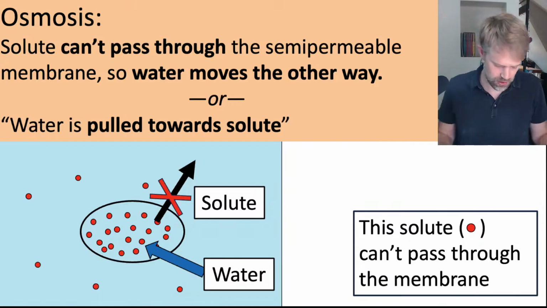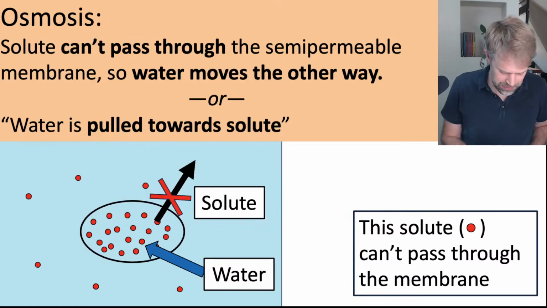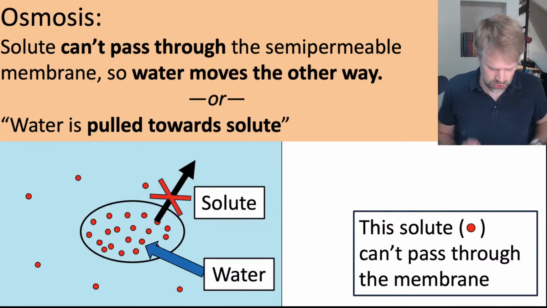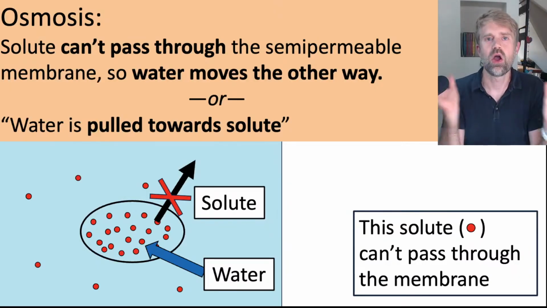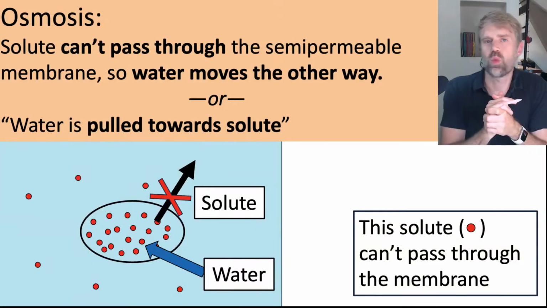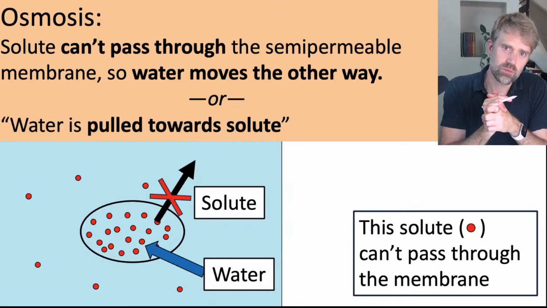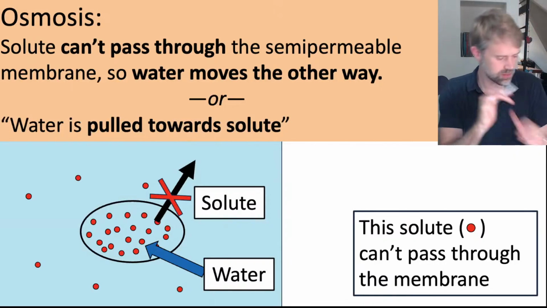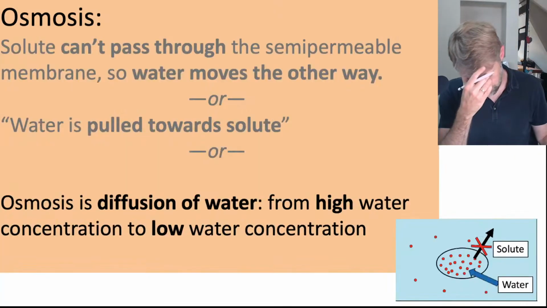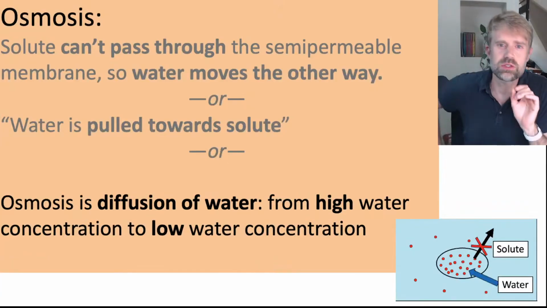So far, we've been saying that in osmosis, solute can't pass through the semipermeable membrane, so water moves the other way. Or another way we can say it is water is pulled towards solute. We've looked at those two examples. But here's the way that the TEAS is going to be talking about osmosis.